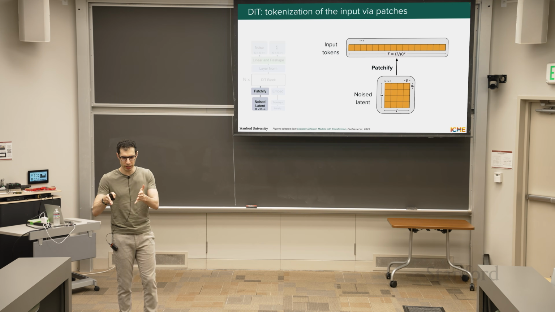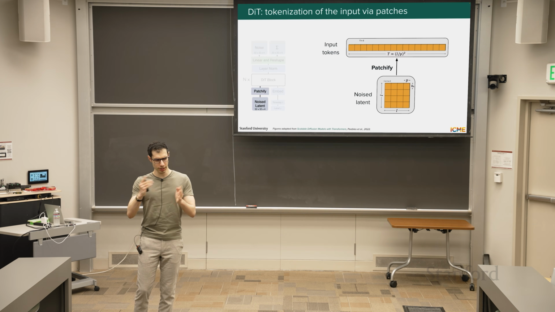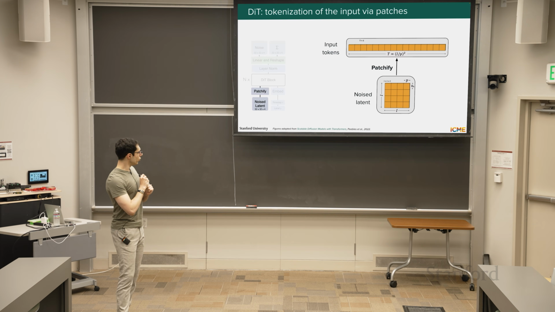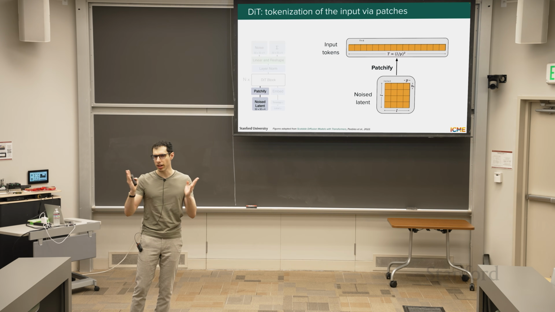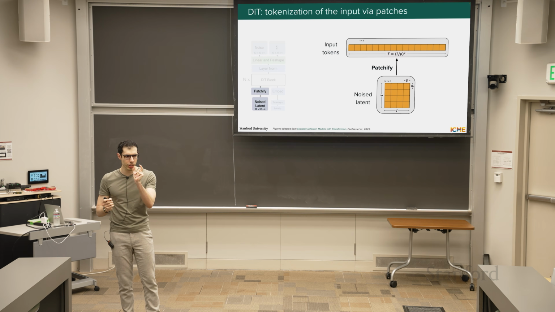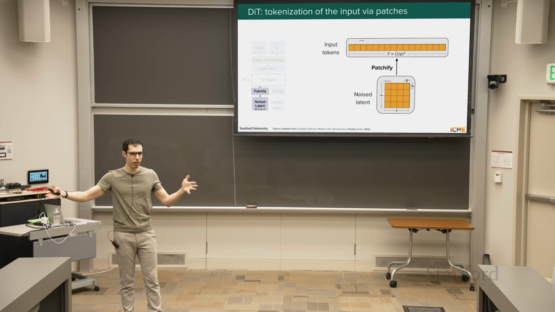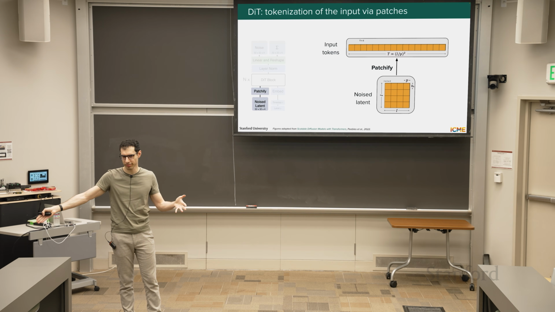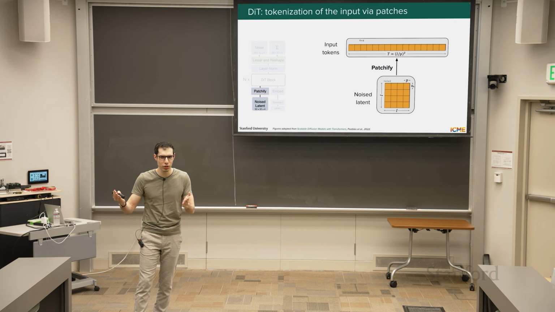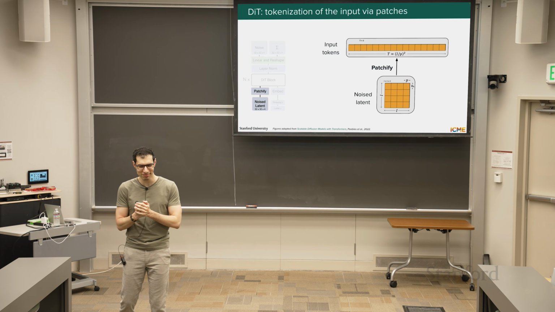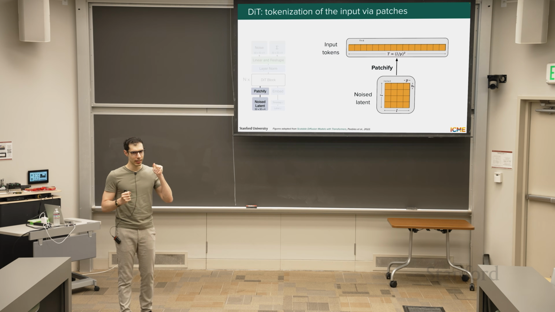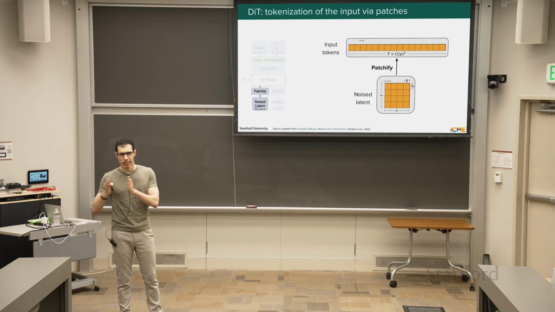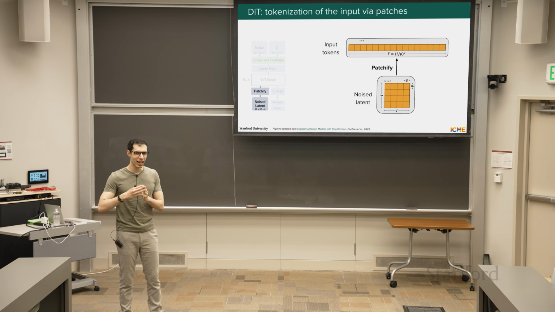Those patches you just want to consider as tokens, and you end up with an input length of (I over P) squared. So the smaller your patches, the longer your sequence, which also matches your intuition. In that sense, you can also tell from this step that there's a trade-off between how granular you want to be and how much computation you want to do.